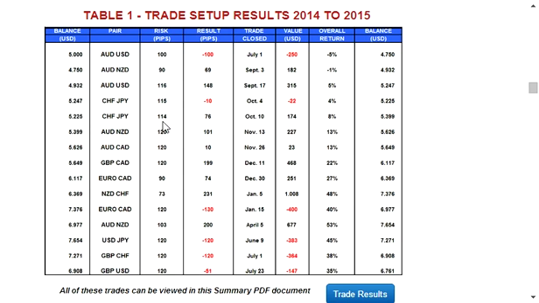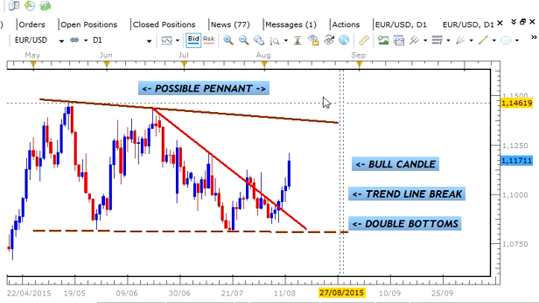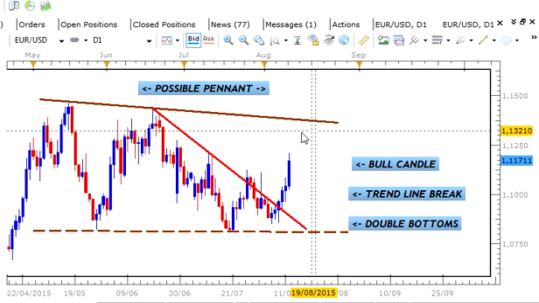This resulted in the gain that you can see here in the table, which was the 6th trade in the overall series of trade setups identified by the methodology over the last 13 months. So that is what you can do with these patterns until breakouts take place.